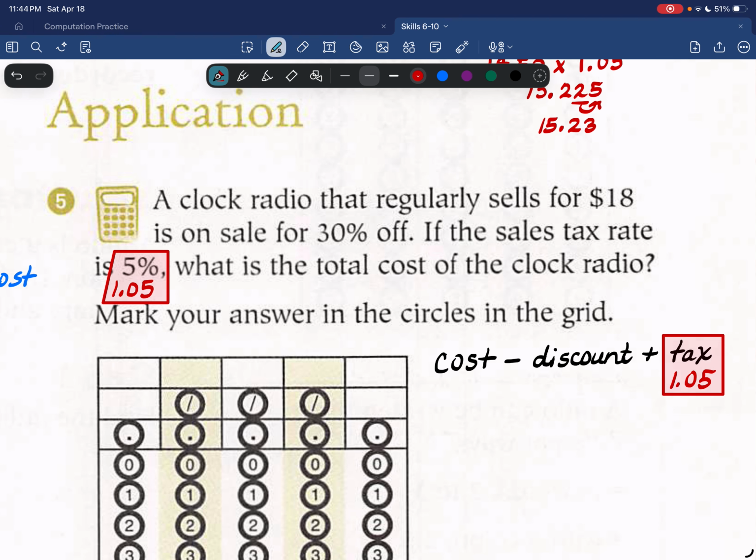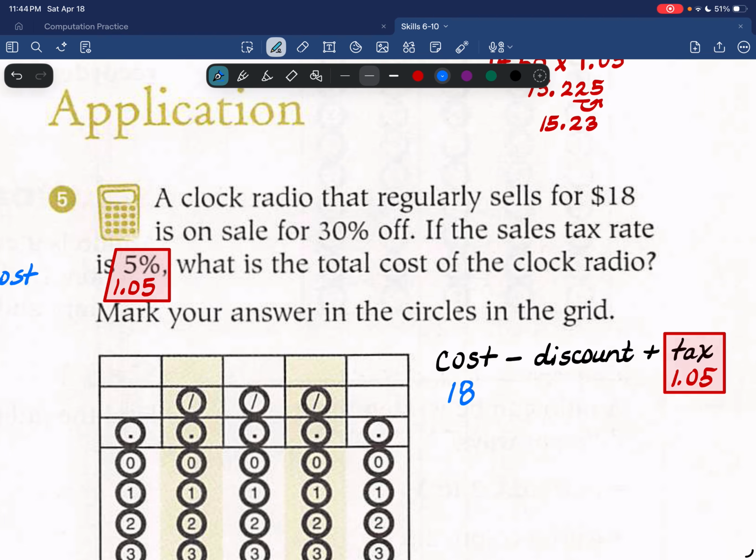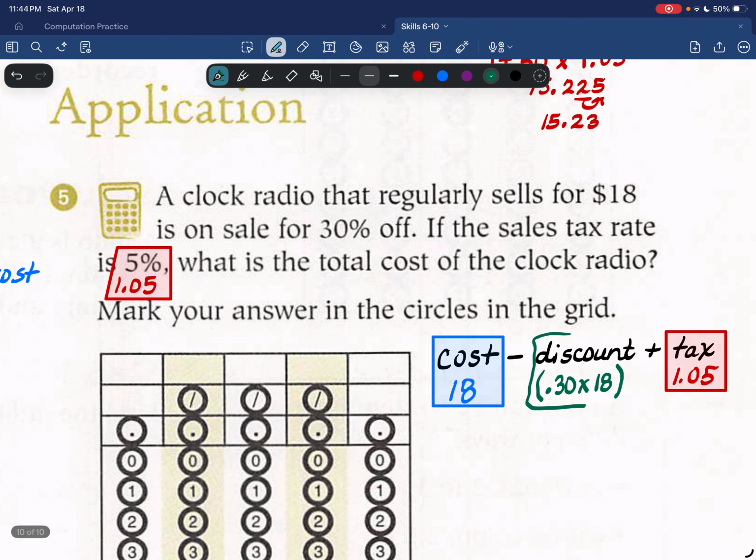All right, the cost is $18. The discount is going to be 30% of 18. So this is my discount piece. And then those minus and plus signs are still very important, so I don't want to lose those.